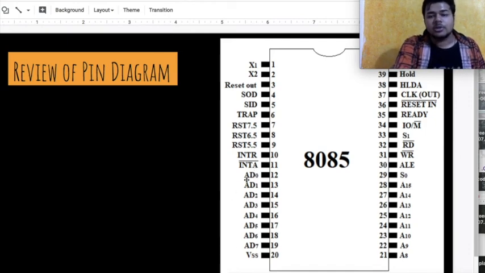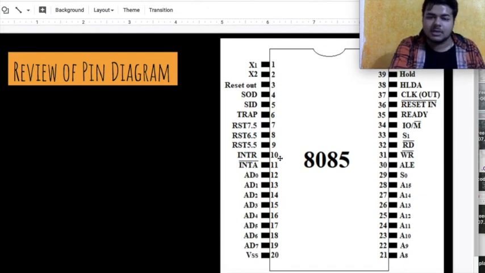Now AD0 to AD7 are address/data buses. They can contain address as well as data. Basically, an address is 16-bit, so 8 are these, and the data is 8-bit. What differentiates whether this is address or data is ALE.